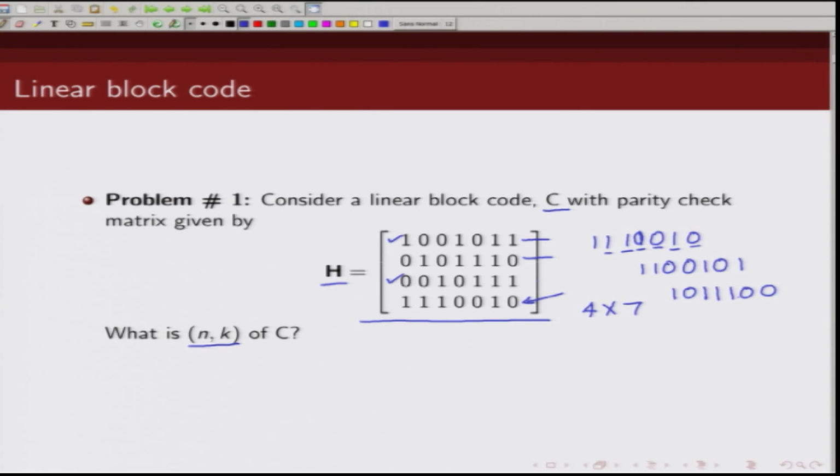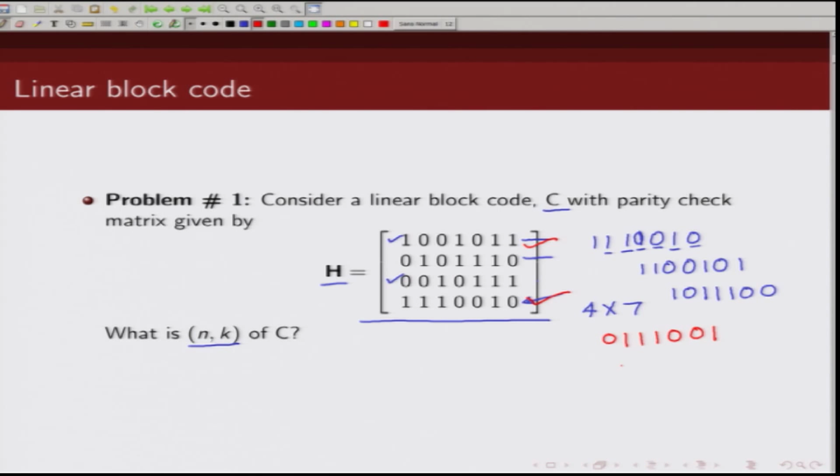Let us try adding up this and this. If we add the first row and fourth row, we get 0, 1, 1, 1, 0, 0, 1. Note rows number 3 and 2 are not the same as this.